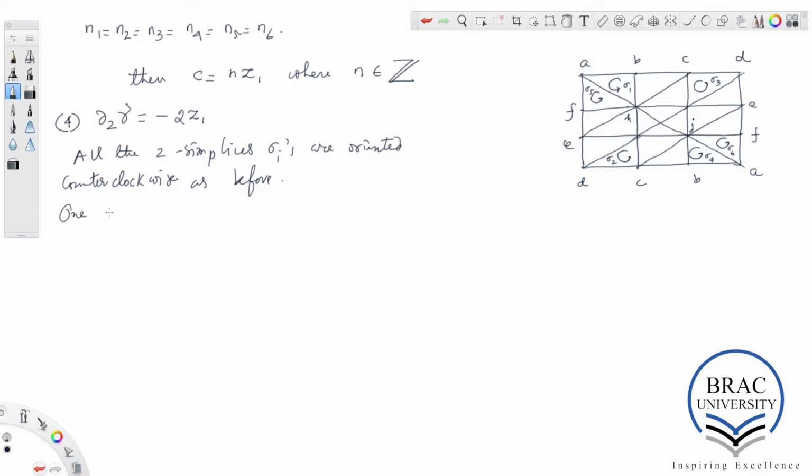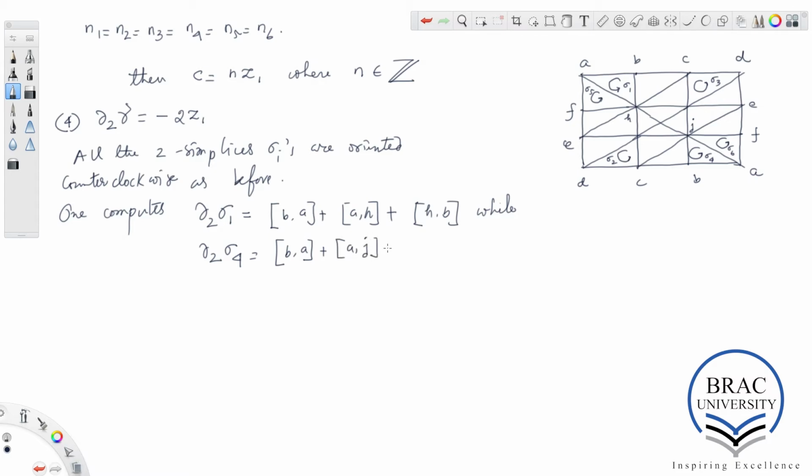So one computes these one chains: del 2 sigma 1 is equal to B comma A plus A comma H plus H comma B, while del 2 sigma 4 is going to be B comma A plus A comma J plus J comma B.